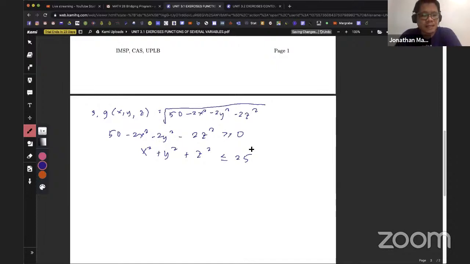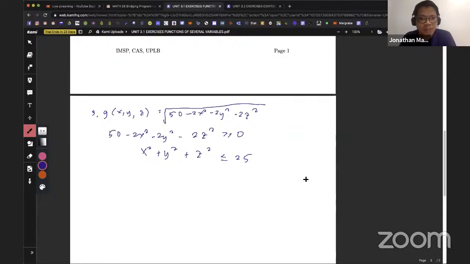Yeah. x squared plus y squared plus z squared less than or equal to 25. Okay. From this, since we have a function of 3 variables, the domain of that could be represented in 3D space, or in our 3D rectangular coordinate system, or Cartesian coordinate system.